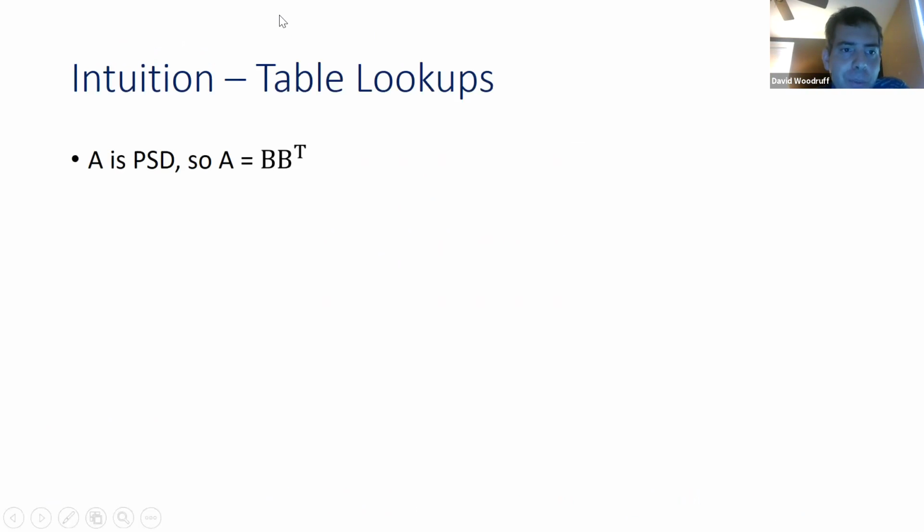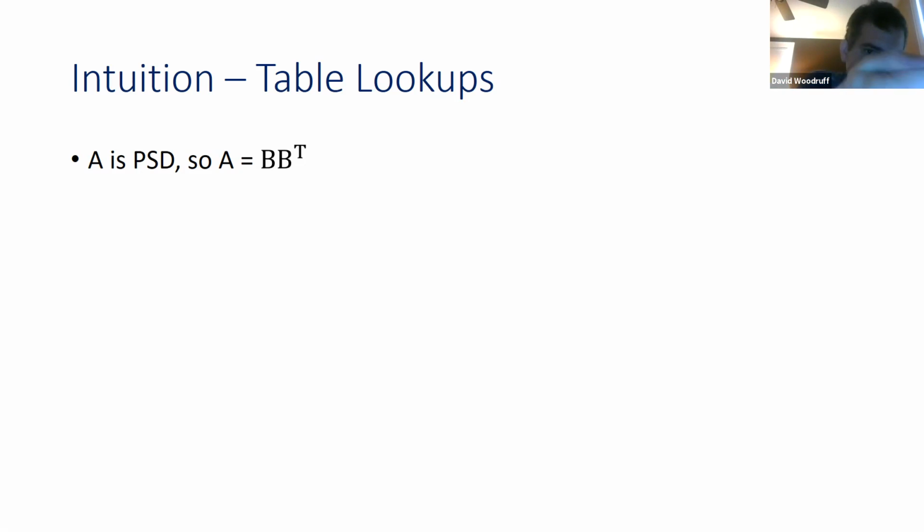And here is some further intuition about this PSD matrix. You can think of it as someone providing you a table lookup for the square root B of that matrix, right? So suppose you wanted to run some algorithm on the square root matrix B, and your algorithm involved a lot of dot products between rows of B. Well, every time you need a dot product, you don't go off and do expensive computation to compute the dot product.